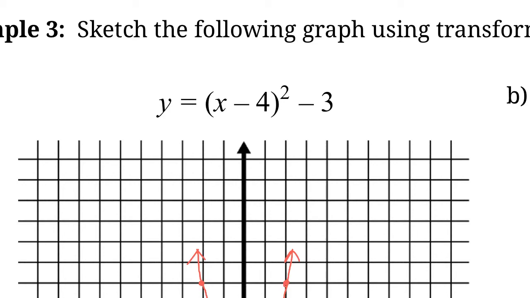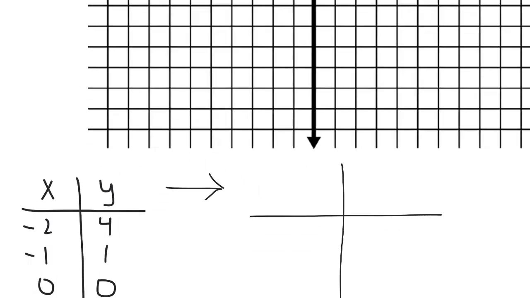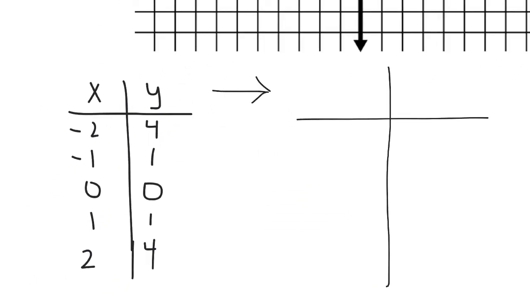So that means we're going to go back down to our table here, and it's telling me that I'm going to take my original x values, and to them I'm going to do the opposite. So instead of subtracting 4, as was written in the equation, we're going to do the opposite, which is to add 4.